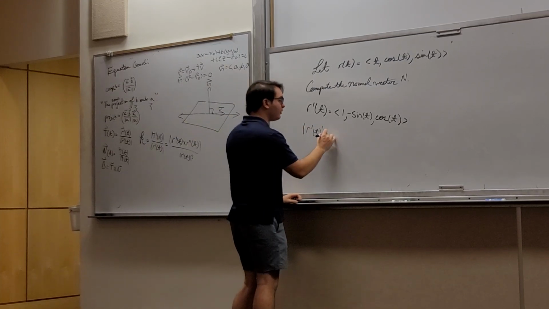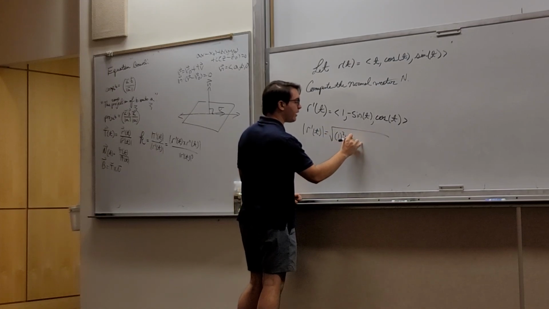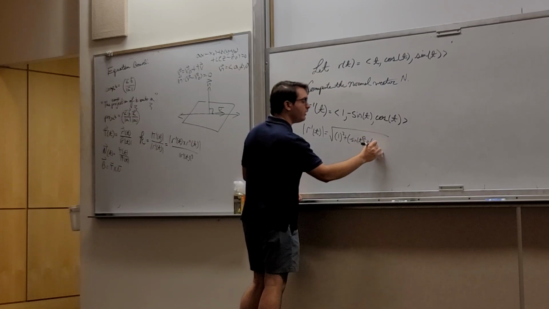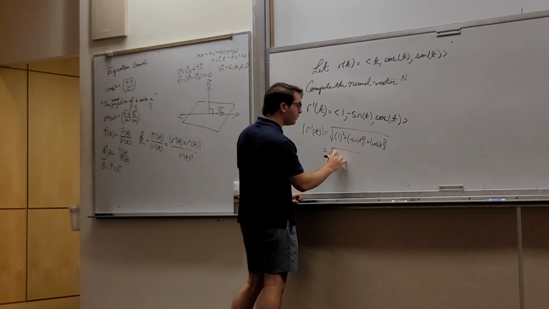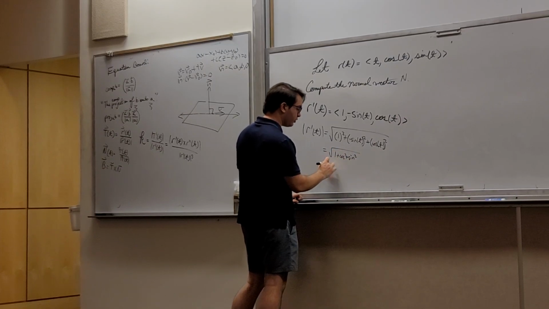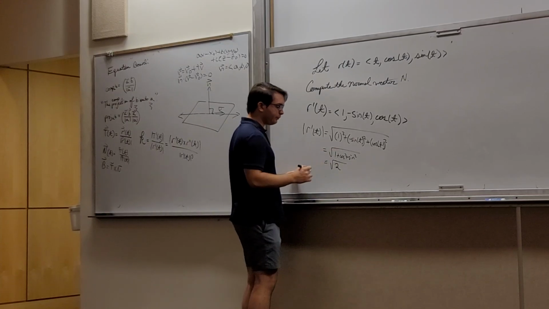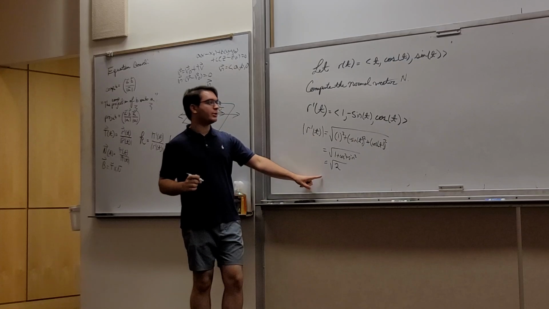But look, if I take the square root of 1 squared plus negative sine of t squared plus cosine of t squared, I'll end up getting the square root of 1 plus cosine squared plus sine squared, which is 2. Right? So it ends up being root 2, because cosine squared plus sine squared is 1. So the magnitude of r prime is the square root of 2.